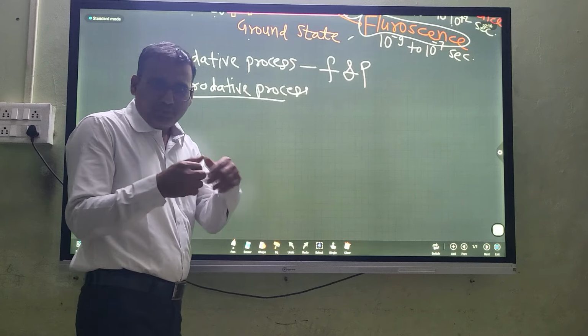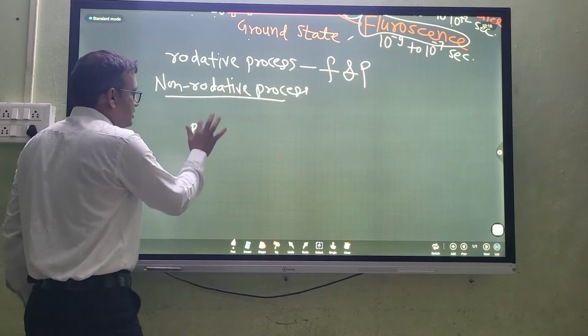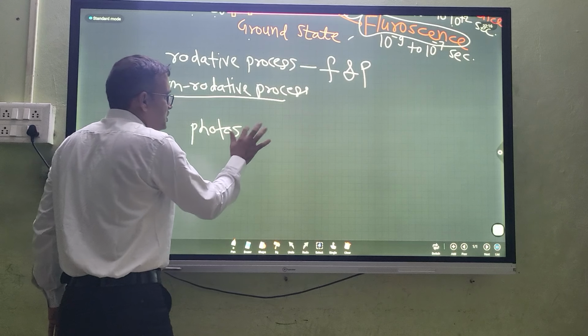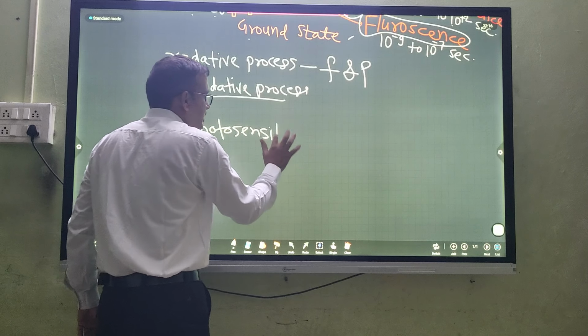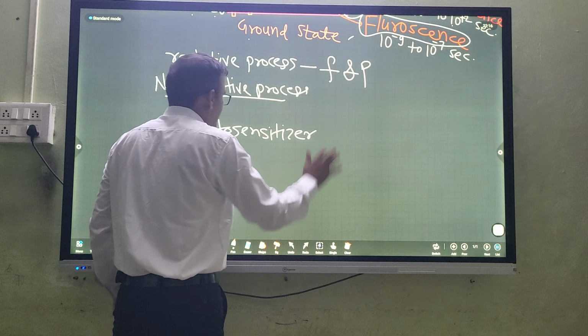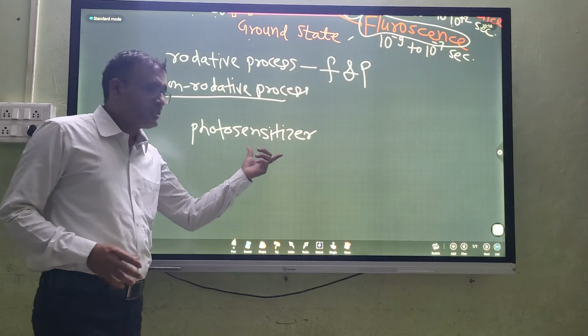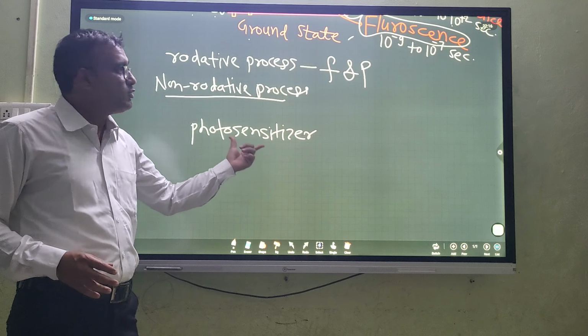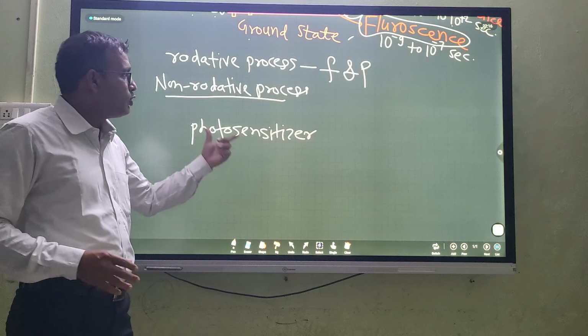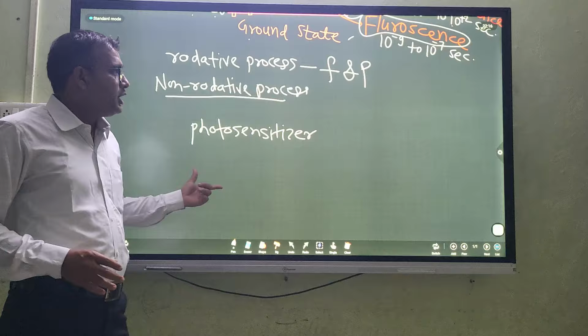Now, the next point is the photosensitizer. As the name indicates, the sensitizer is very important in photochemical reactions. What is meant by photosensitizers?